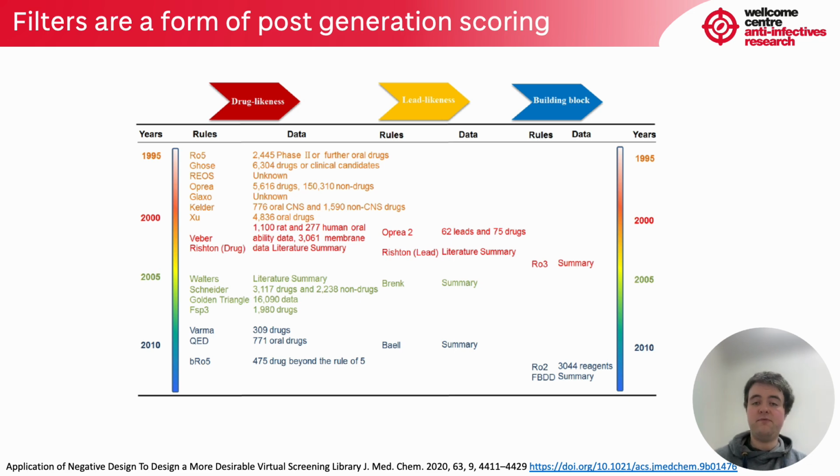An example of a filter would be the rule of 5. So if we satisfy the rule of 5, so we have the right molecular weight, the right number of hydrogen bond donors or acceptors, we can then say 1, it satisfies the rule of 5, or 0, it does not satisfy the rule of 5. That trade-off can lead us to better compounds overall.